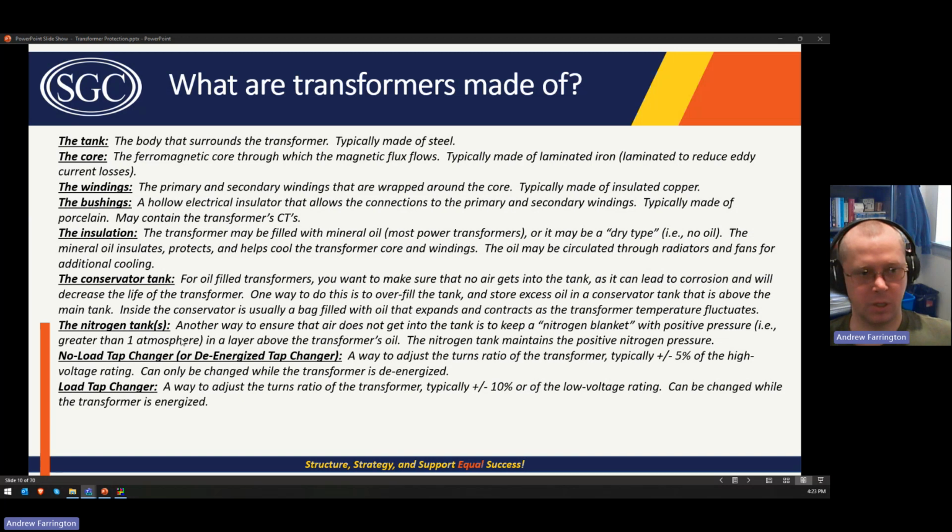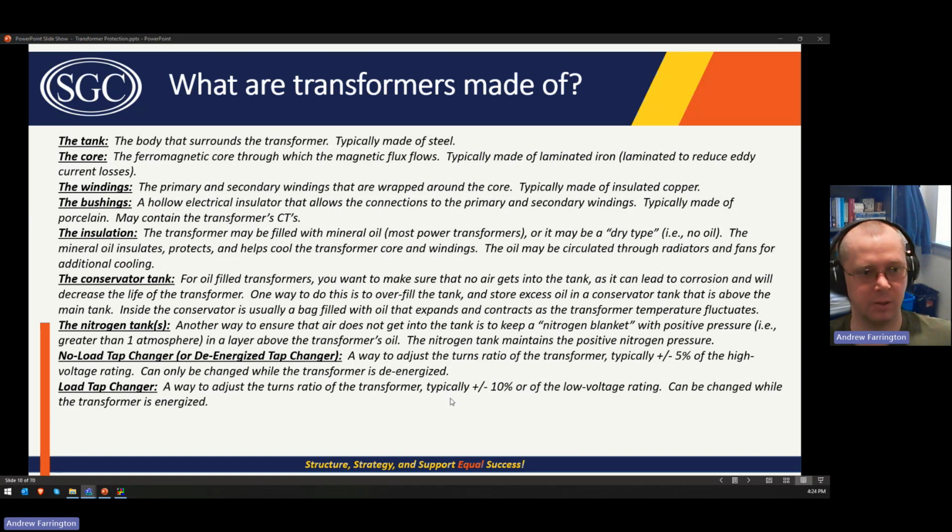The other type of tap changer is the load tap changer, and this is also very common. Usually that will allow you to adjust the turns ratio of the transformer, typically plus or minus 10% of the low voltage rating. This can be changed while the transformer is energized, and most often it's an automatic change.